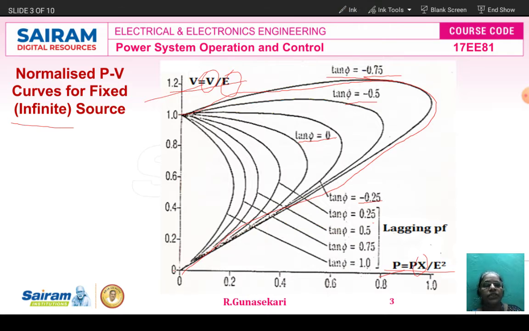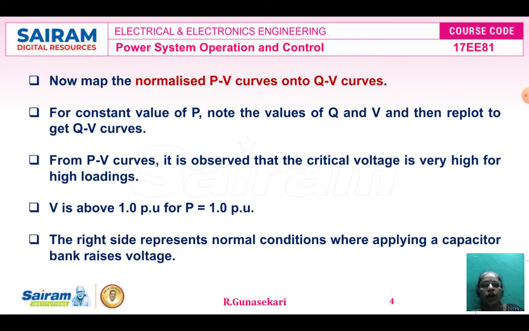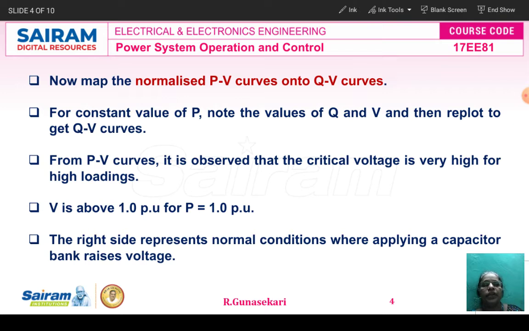Now you see the normalized PV curve, which we map onto the QV curves. For a constant value of real power P, we note down the reactive power Q and the receiving end voltage V, and then we can replot the QV curve.